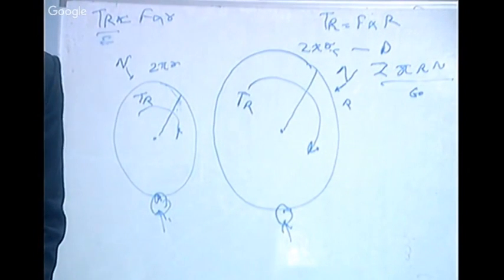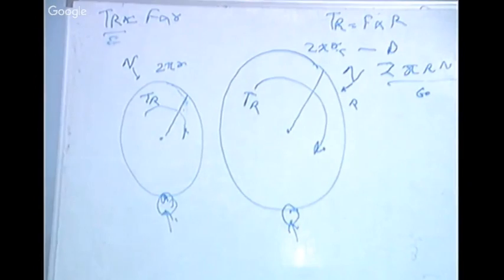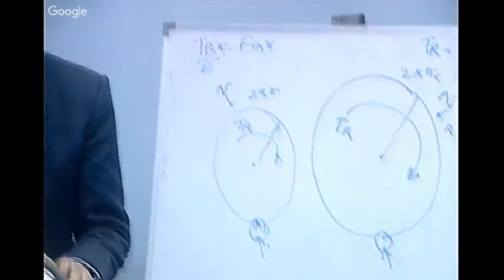Clear? So these are all very unknown factors for vehicles which are going to be designed. For that, we have to estimate each and every parameter. Clear? Now, how do we come to know about the specification of each element of the driveline for a particular vehicle?